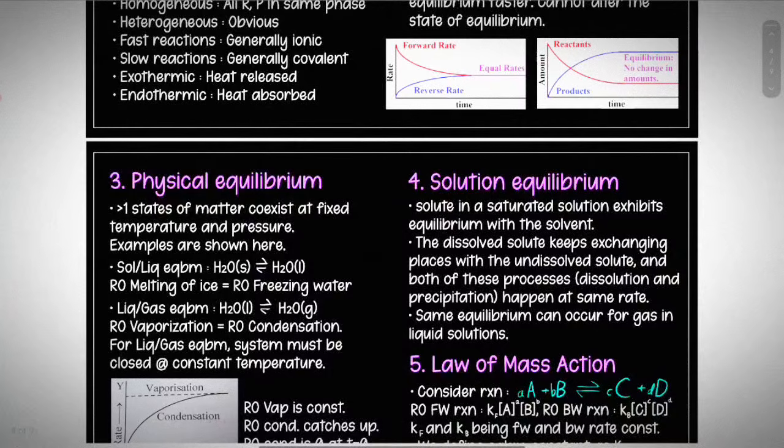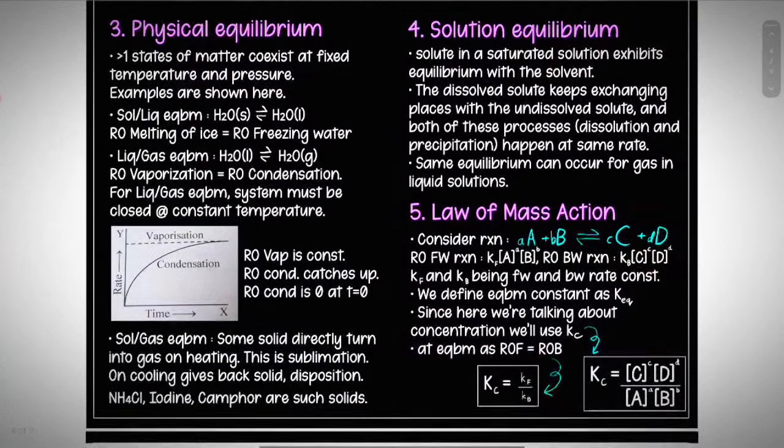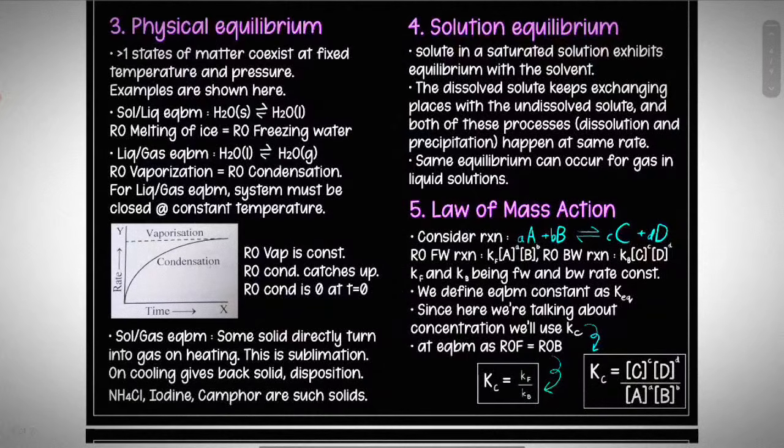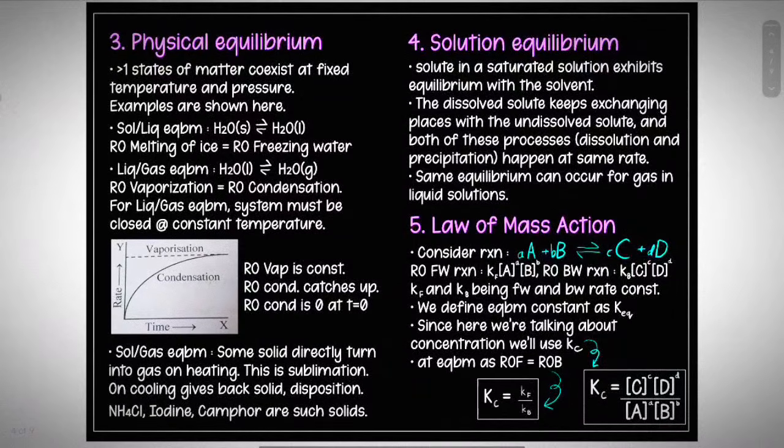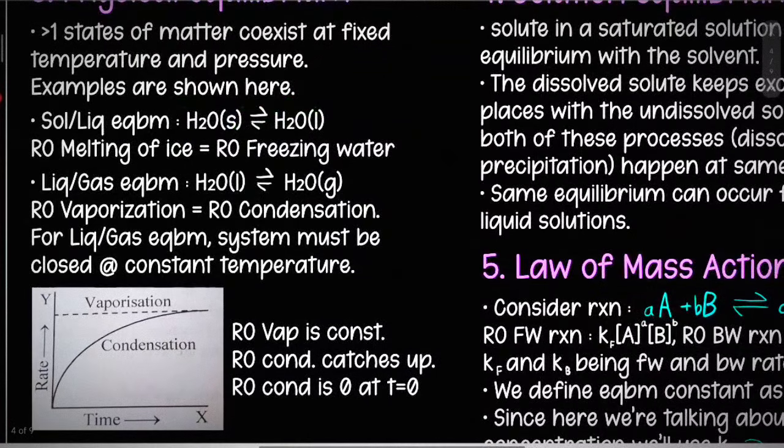Now let's talk about physical equilibrium. You might not have seen this topic in any of your classes, but it is important to understand. Physical equilibrium is when more than one state of matter coexists at a fixed temperature. For example, solid-liquid equilibrium: solid water, ice, converts into liquid water, and the rate of melting of ice is equal to the rate of freezing of water.